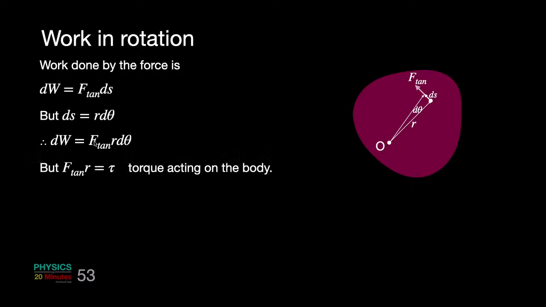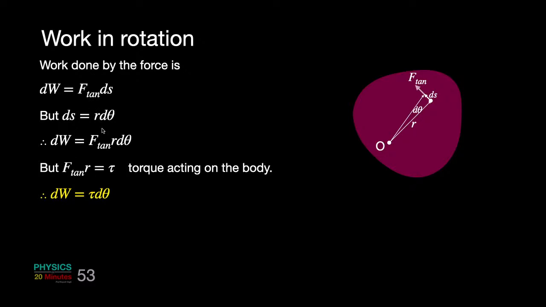Now F tan into r is nothing but the torque acting on the body. If you have to calculate the torque of F tan about the point O, then we have seen how to calculate torque. It is the F tan into the perpendicular distance from the point to the line of action of force, which is r in this case. Therefore, r into F tan will give me the torque.